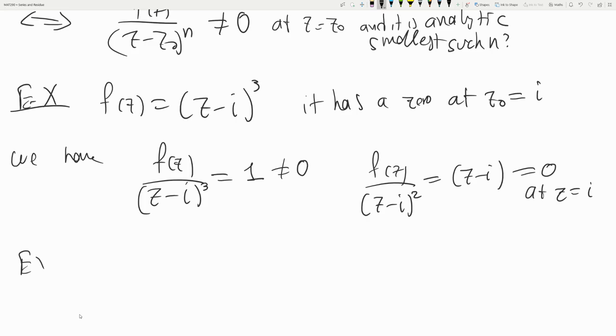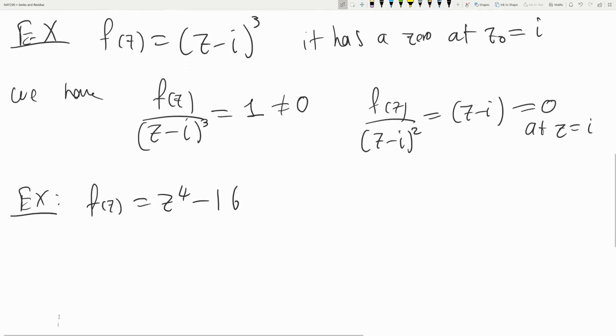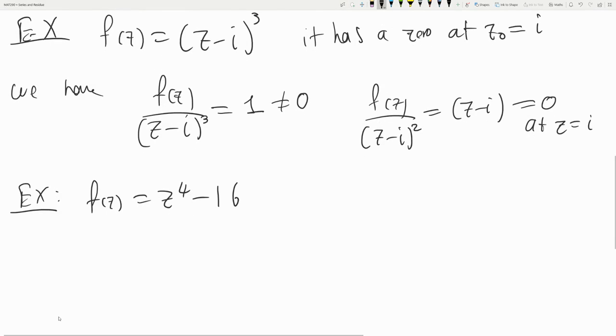Let's do another example. f of z is equal to z to the 4 minus 16. Here first you have to find the roots.